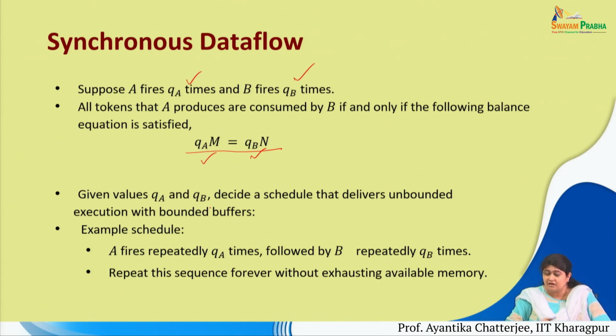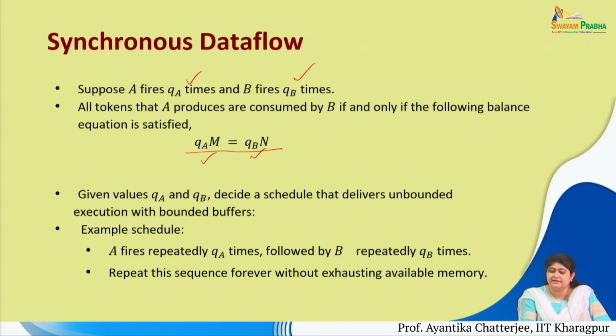That means how many times within that interval actor A can fire and how many times actor B can fire. Based on that, our simple scheduling policy can be A fires repeatedly QA times followed by B, or some other arrangement. Okay. And we can repeat this sequence without exhausting the available memory.